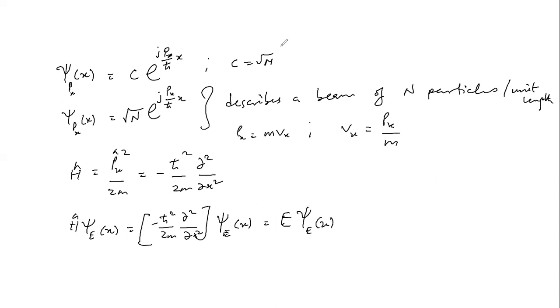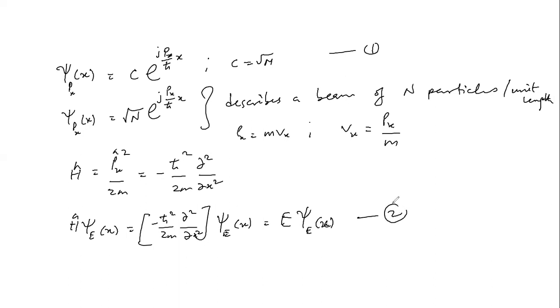Okay. So this becomes the Schrodinger time-independent equation. Okay. Now we have, say this is equation 1, then this is equation 2.